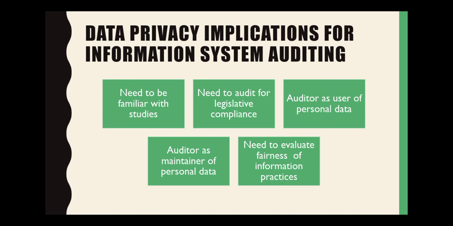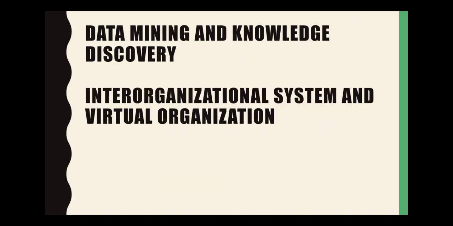And then the second, the last, is the interorganizational and virtual organization. Organizations started to use computer technologies to effect greater cooperation with one another, even when they were in direct competition with one another. And then the virtual organization began to emerge in about the 1990s.